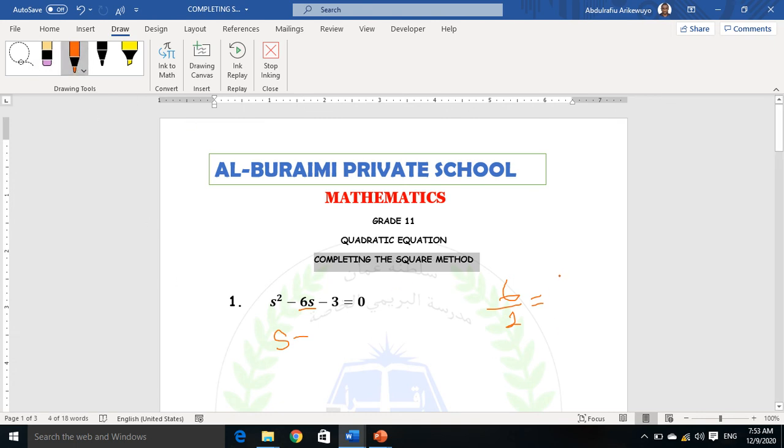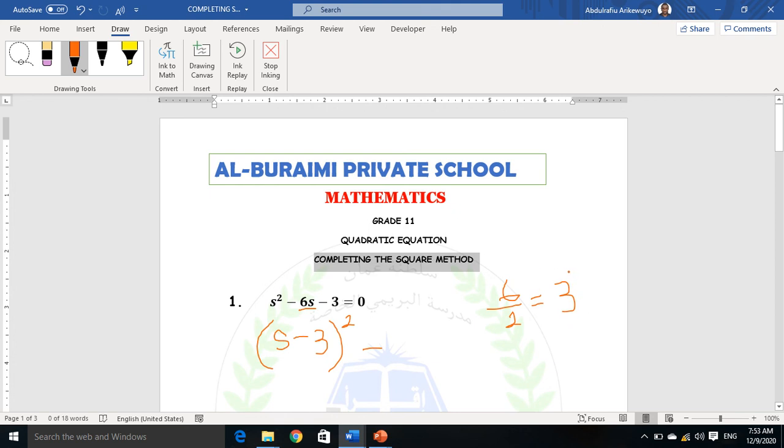Remember I told you that you would divide the coefficient of s by 2. So this is 3, so minus 3. Are you following? Then I'm going to square all of this. Then I will say minus, right? My answer here is 3.